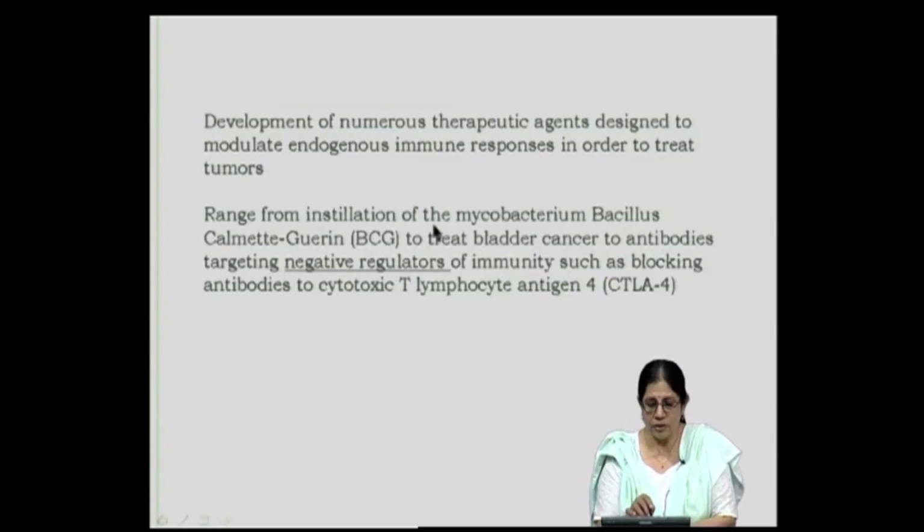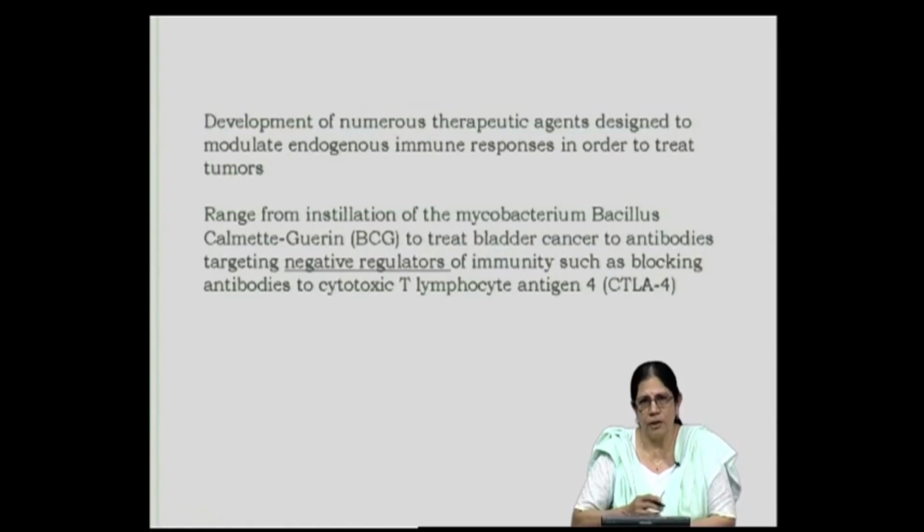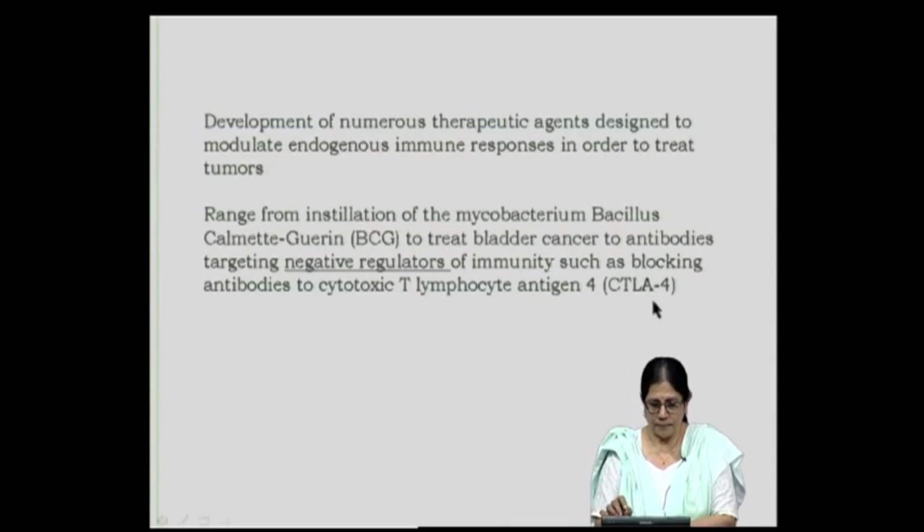The reason for this is that BCG can activate macrophages, the immune system, and leukocytes. Bringing these cells to the site of the cancer can be beneficial for regression or treatment of cancer.